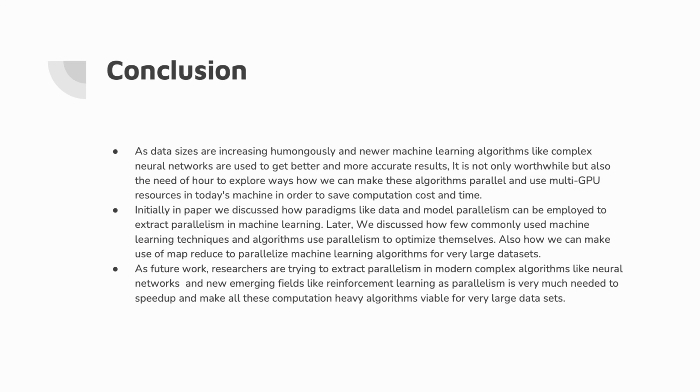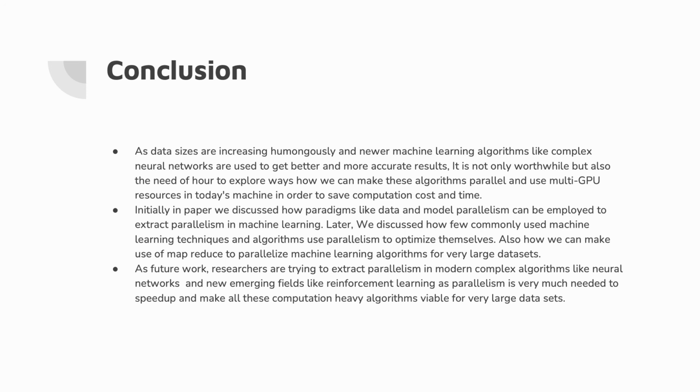To conclude this paper, we say that as data sizes are increasing enormously and new machine learning algorithms like complex neural networks and deep learning are needed to get better and more accurate results, it is not only worthwhile but also needed to make use of these algorithms in parallel and use the multiple GPU resources which we have in today's machines in order to save computation cost and time.